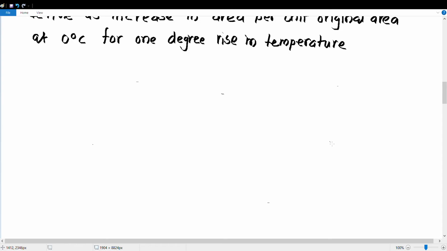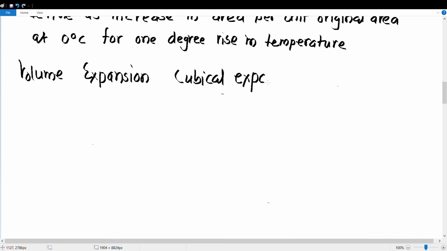And now let us see the volume expansion of a solid. This volume expansion is also known as cubical expansion. Its second name is cubical expansion.